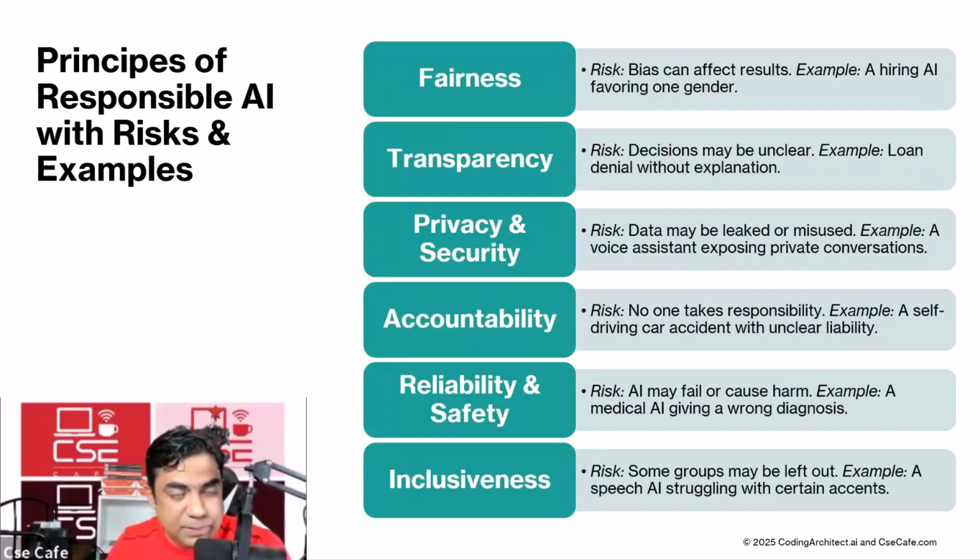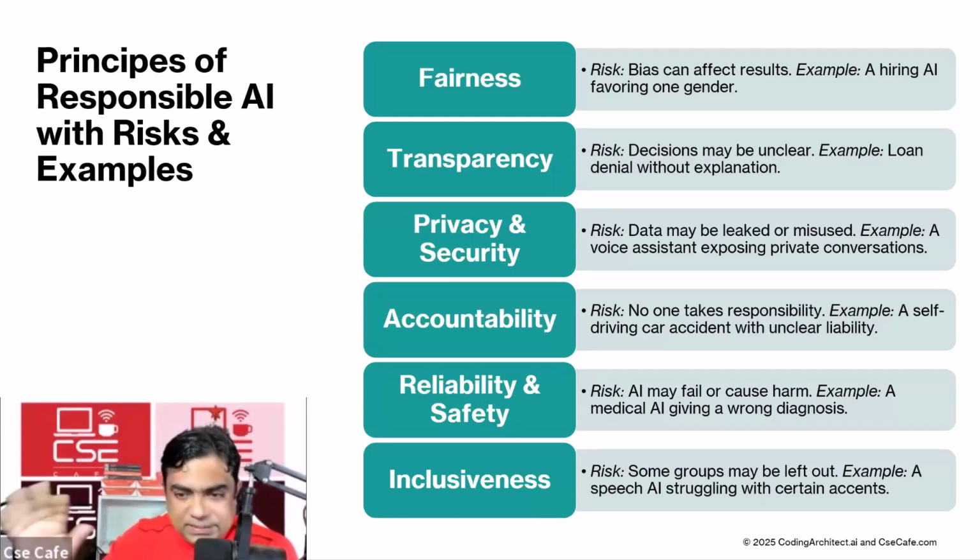Responsible AI principles. First one is fairness. So what is the risk here? A bias can affect results. Example, a hiring AI favoring one gender. Transparency. What is the risk? Decisions may be unclear.